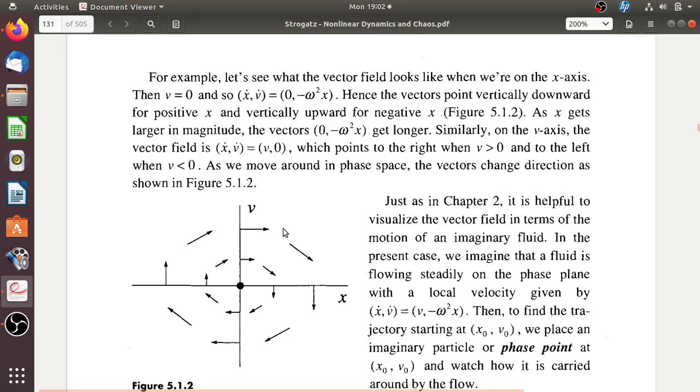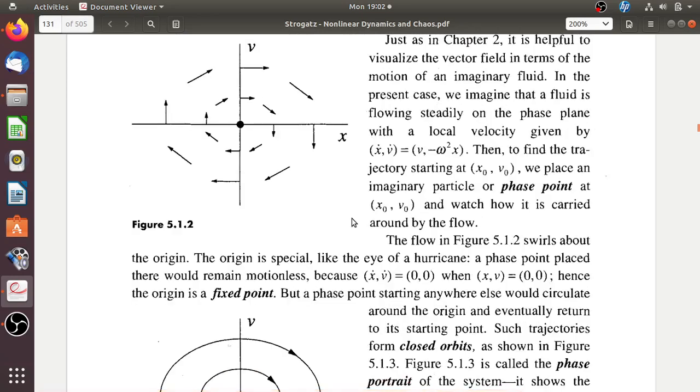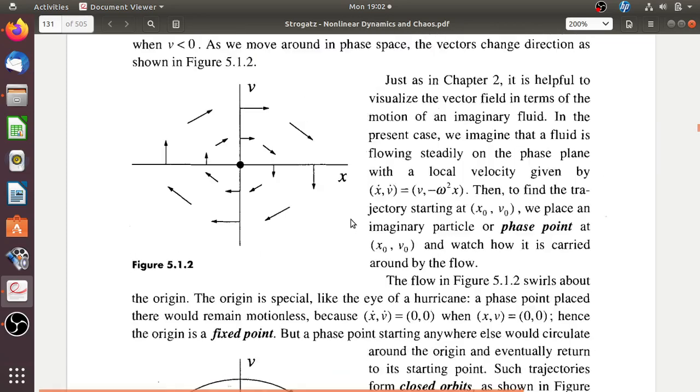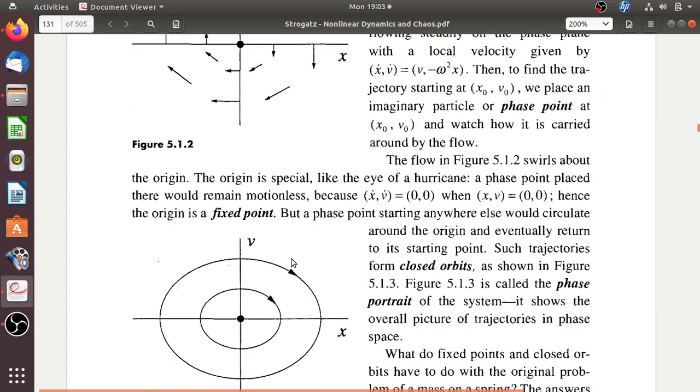So this is how we will try to understand the problem. If we try to make a trajectory, the trajectory will look like this. Once I start at this point, I will go all the way and then come back to this point.